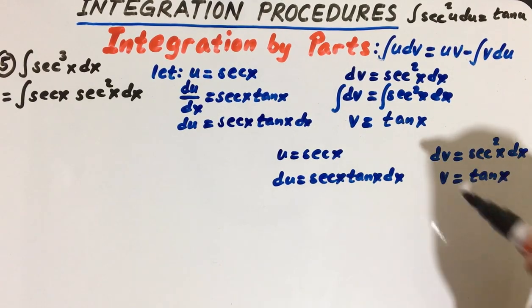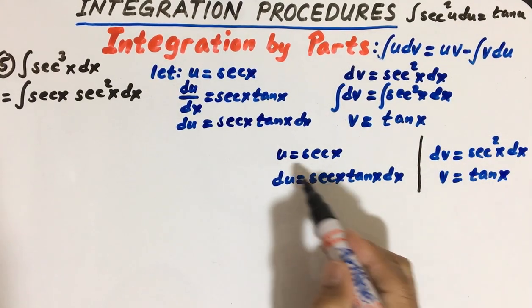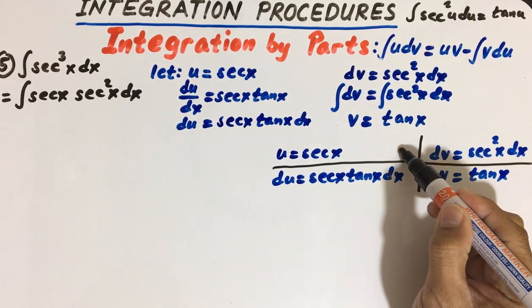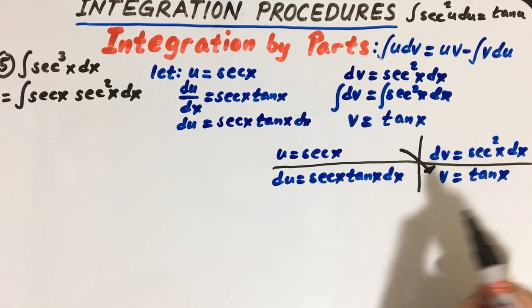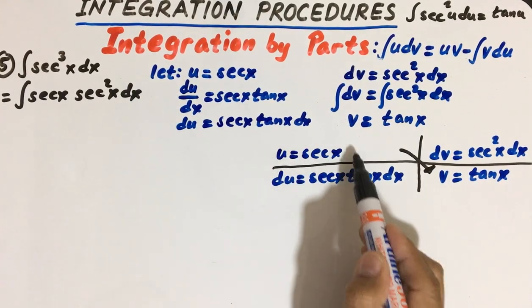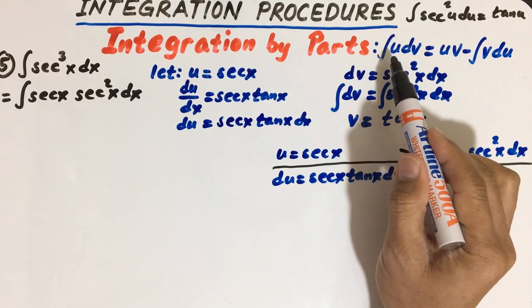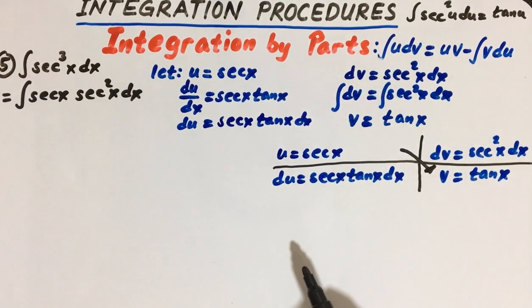Alright, and again, let's draw a vertical line and also the horizontal line. Then do this arrow to remind us that we need to multiply u and v for our first term of our result of our integral of u dv.